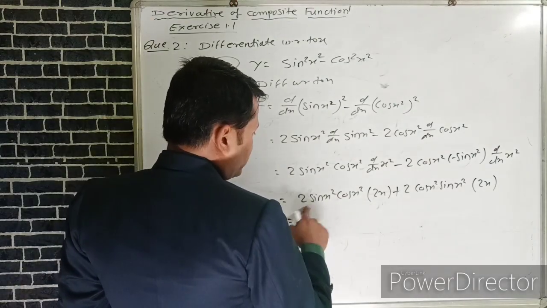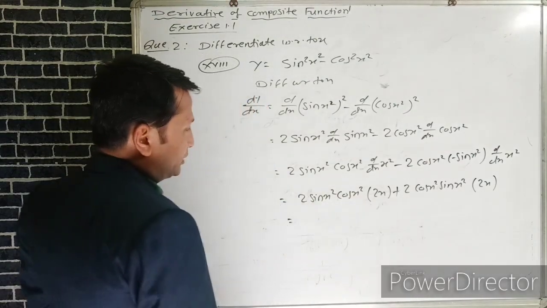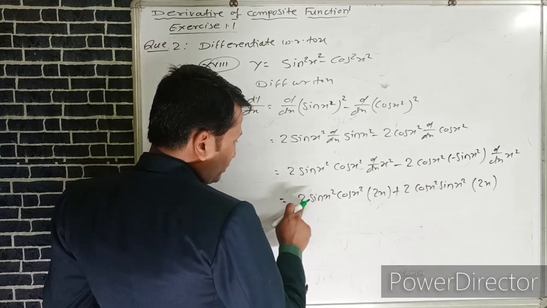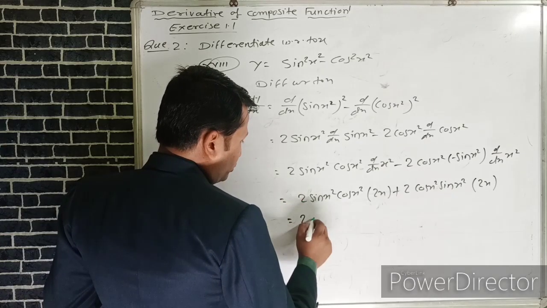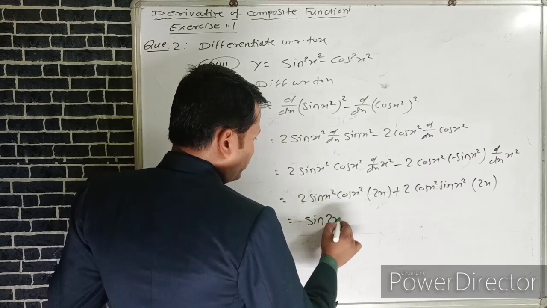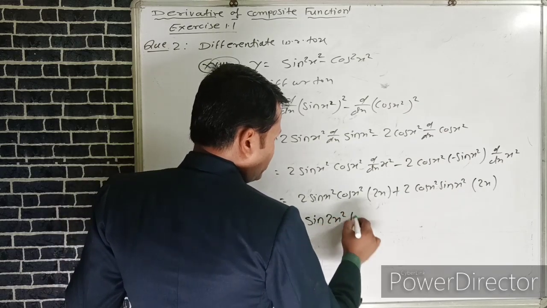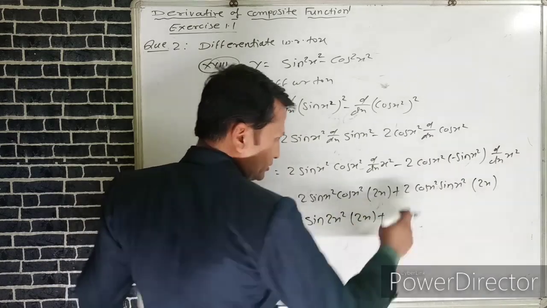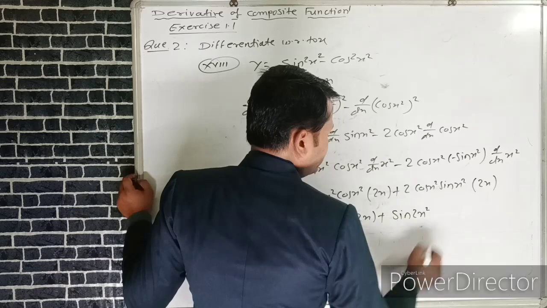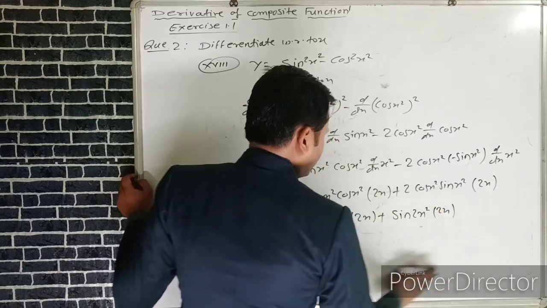Here 2 sin theta into cos theta is equal to sin 2 theta. After applying the derivative, we can write it 2 sin of 2x square into 2x plus sin of 2x square into 2x.